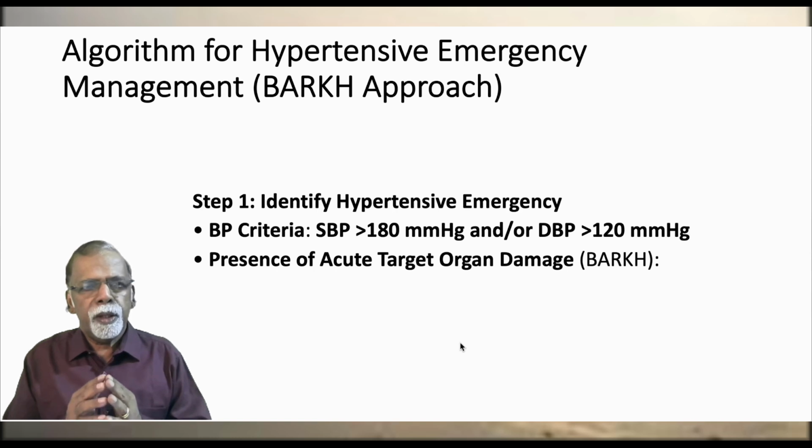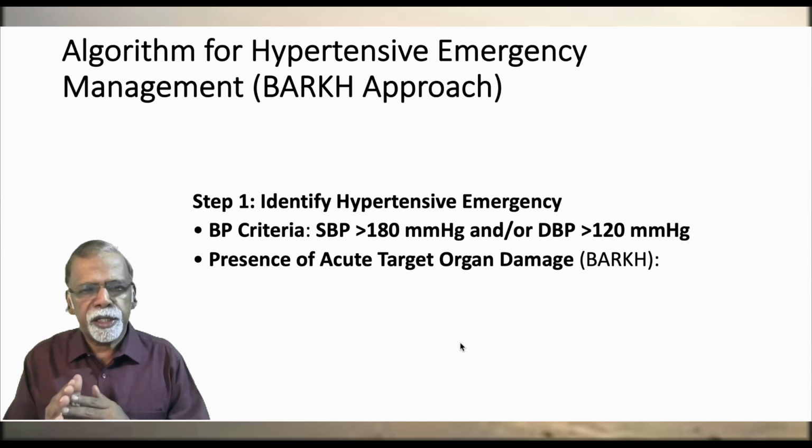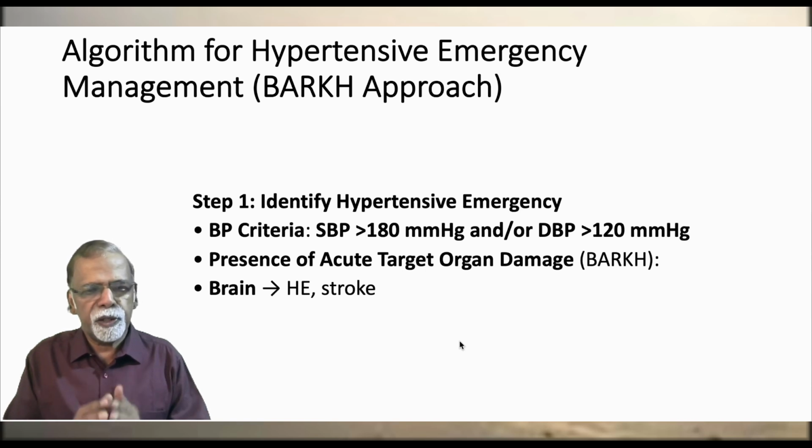As per this BARC approach, step 1 is to identify that the patient has a hypertensive emergency. The criteria: systolic BP more than 180 and diastolic BP more than 120 and presence of acute organ damage. So B for brain: I already mentioned hypertensive encephalopathy, stroke, which can be hemorrhagic stroke, ischemic stroke, or subarachnoid hemorrhage.